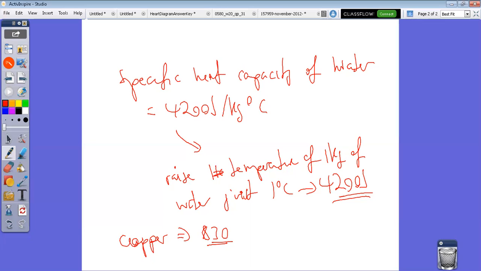Copper, I simply need 830 joules of energy to raise 1 kg of copper by 1 degree. Does that make sense on specific heat capacity? It's making sense. Okay.